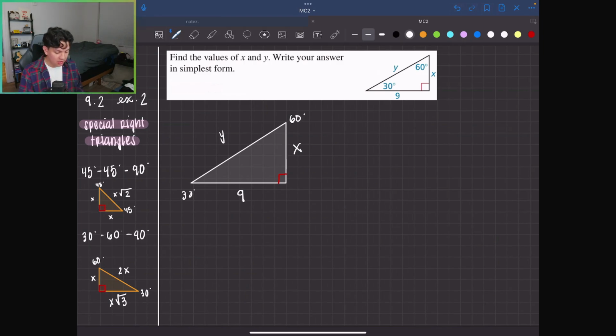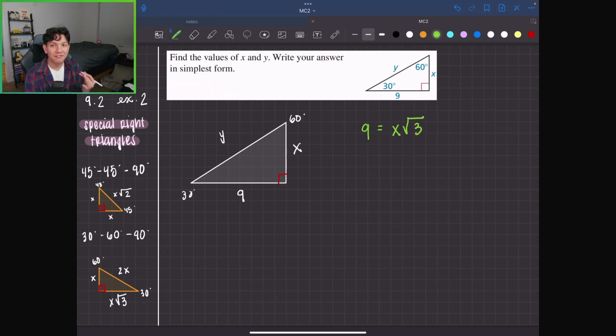All right, so let's take a look at this, okay? We know that the side that is opposite from the 60 degrees is x root 3. So I'm going to write here on the side 9 equals x root 3. Okay?